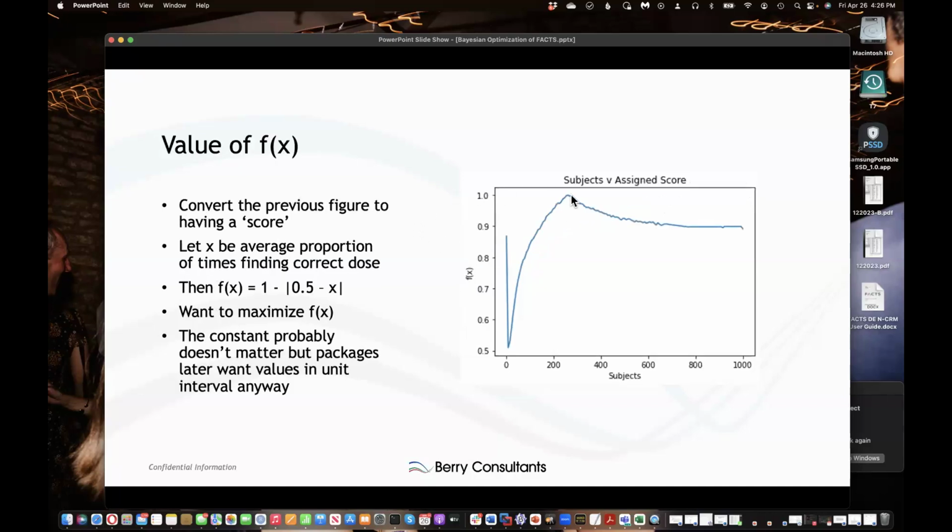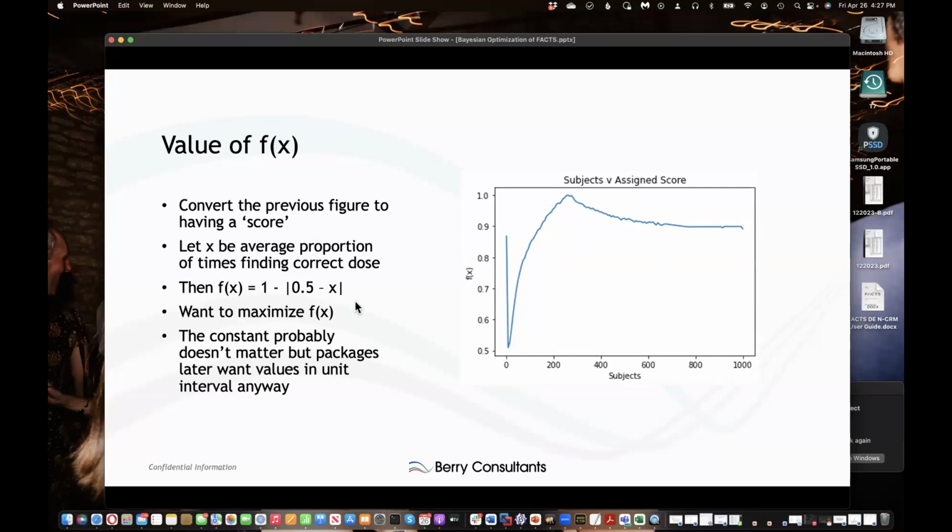So again, we convert this to a score similar to the first sample size one. Our target is 0.5. So we take the absolute difference between the observed average probability of finding the MED and 0.5 and subtract that from 1. That gives us a nice set of scores in the range 0.5 to 1.